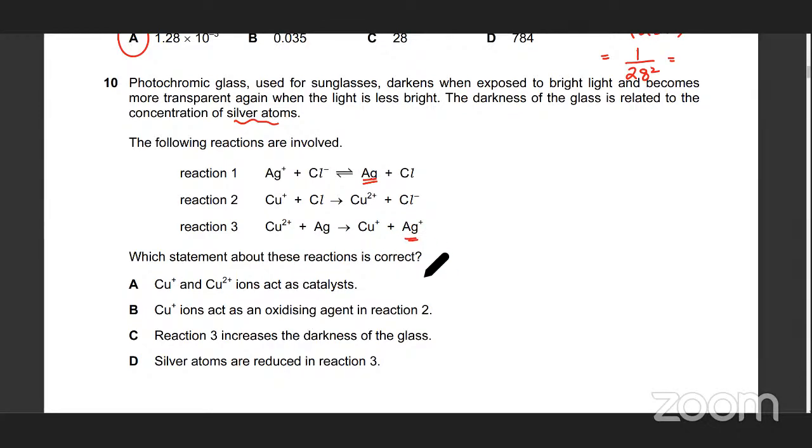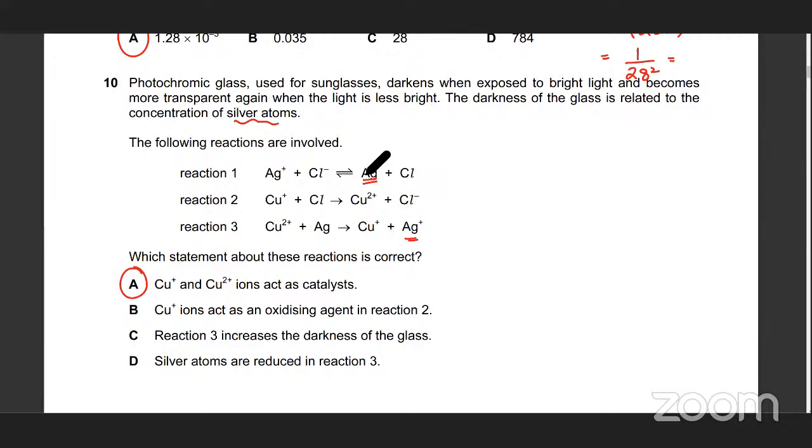Which statement about these reactions is correct? The first one kind of looks correct. Copper plus 1 and copper 2 plus are acting as catalysts, because copper plus 1 changes into copper 2 plus, and copper 2 plus changes back into copper 1 plus. So they are behaving as a catalyst in this reaction.